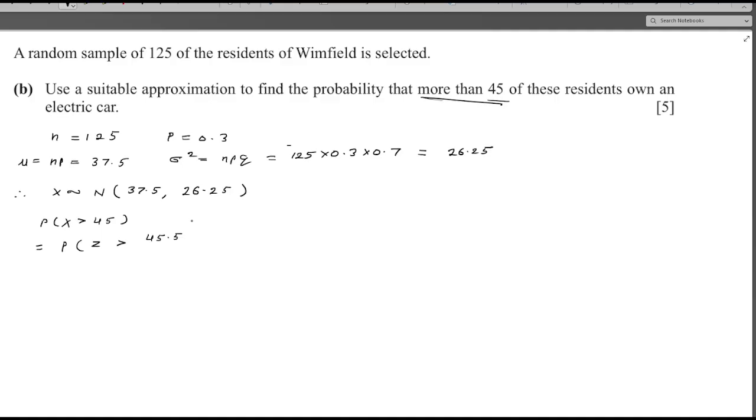Now 45 I do not want to include, so in continuity correction I will use 45.5. So the result is 1.561. Z greater than 1.561.